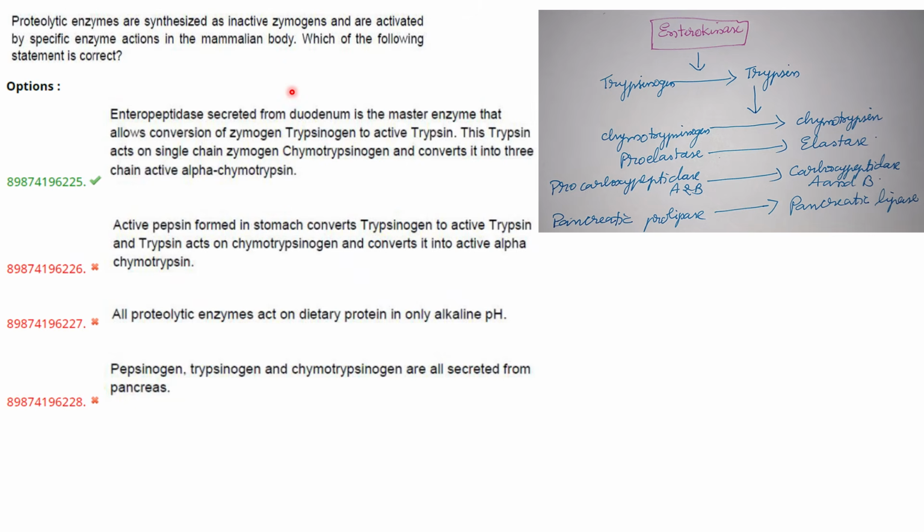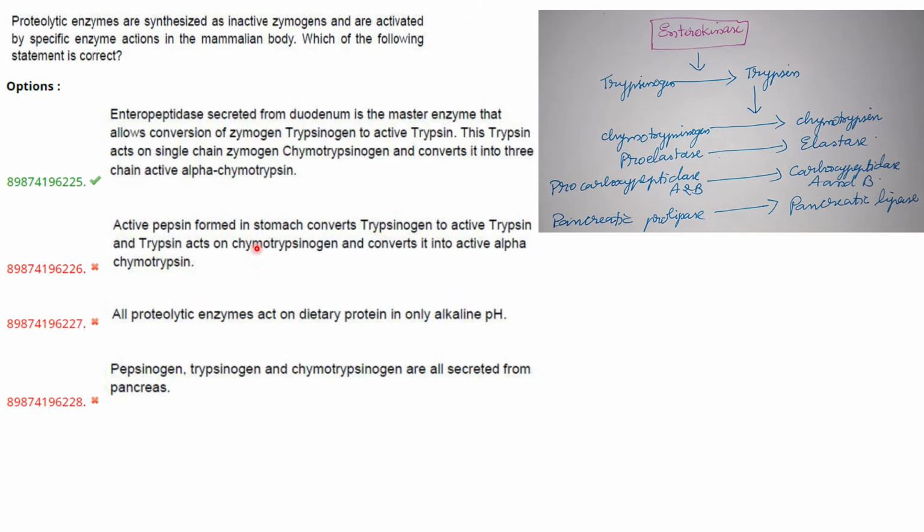So if you see the first statement, enteropeptidase secreted from the duodenum is the master enzyme that allows conversion of zymogen trypsinogen to active trypsin. This trypsin acts on single chain zymogen chymotrypsinogen and converts it into 3-chain active alpha chymotrypsin.